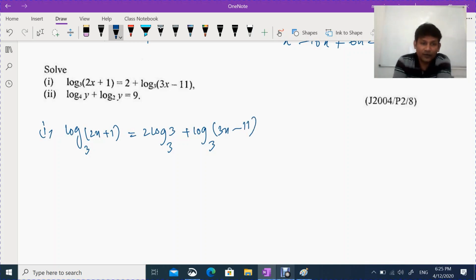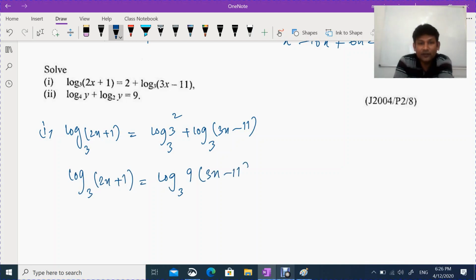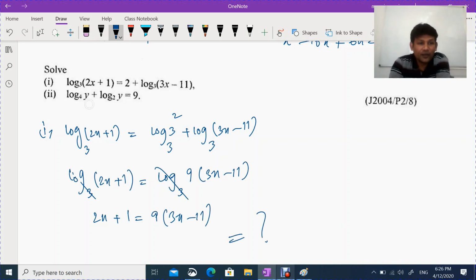A single log I am writing here, this 2 will become the coefficient. Sorry, I am leaving out the steps because I have the option, but you don't. In your copy you have to write 3 square is 9 into 3x minus 11, and this cancels out, and finally you can write 2x plus 1 is equal to 9 into 3x minus 11, and then you can simplify now, please.